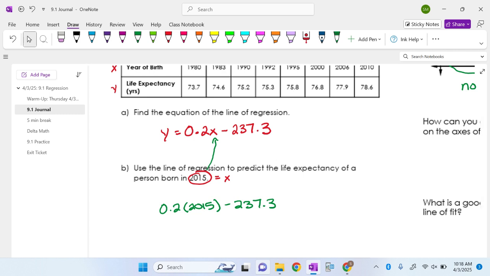So 0.2 times 2015. It's way off from where it's supposed to be. Okay.